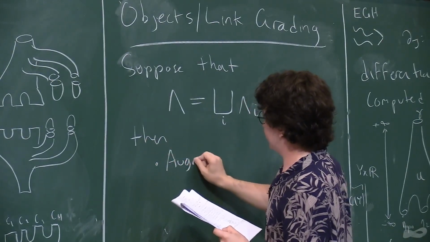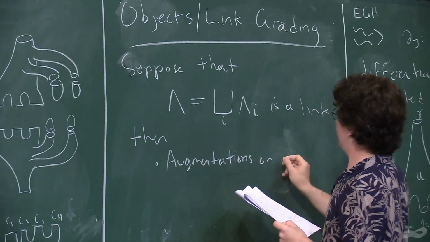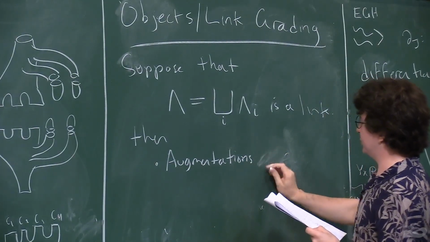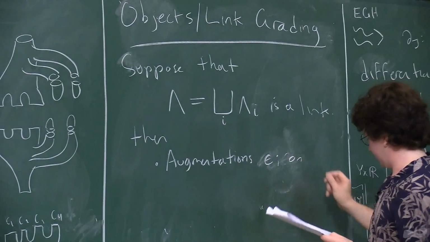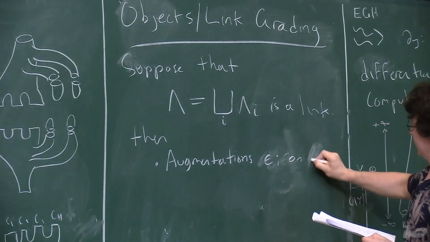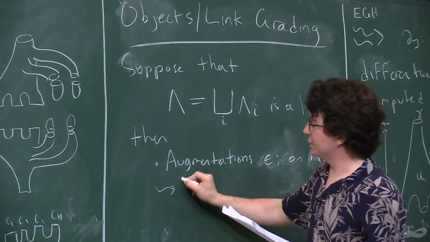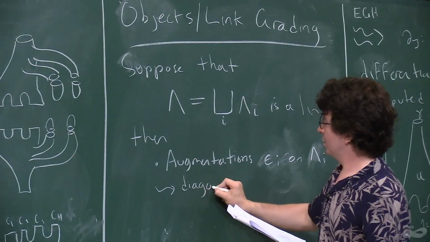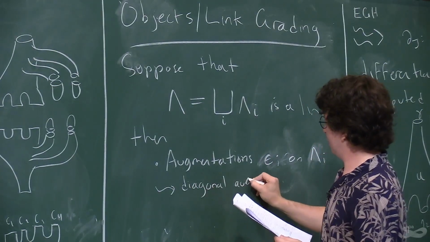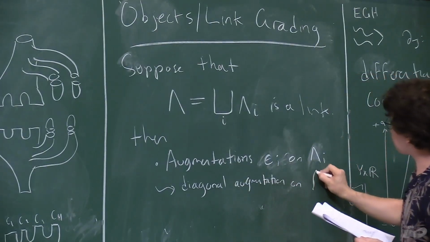Okay, so the first statement is that if I have a bunch of augmentations epsilon_i on lambda_i, so if I have a bunch of augmentations on the pieces, then this induces a diagonal augmentation on the union.